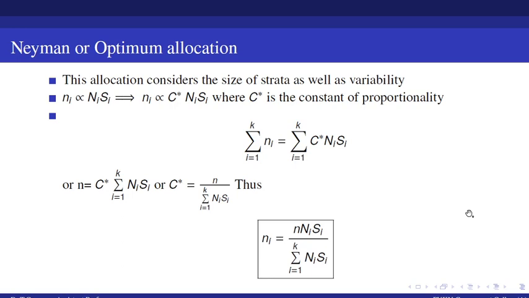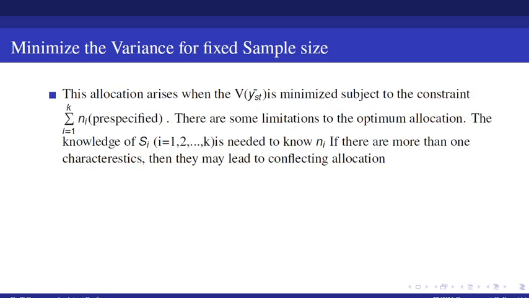This allocation arises when the variance of y bar st is minimized subject to the constraint summation i equal to 1 to k ni equal to n. This sample size is prefixed in optimum allocation. We need to conduct the survey with the fixed sample size.